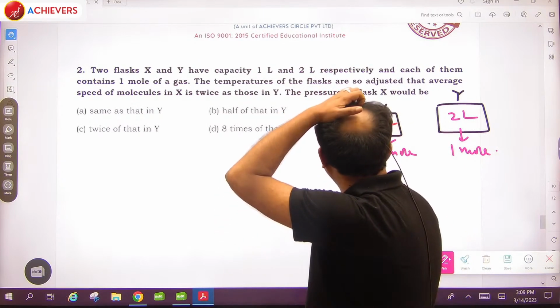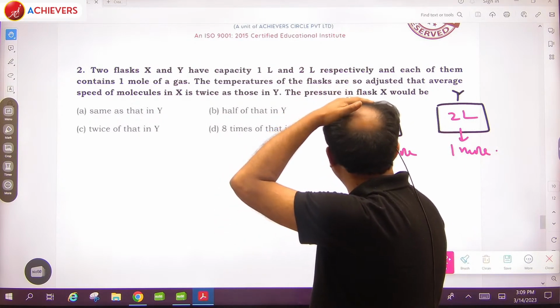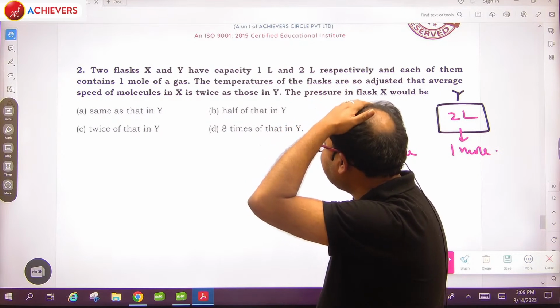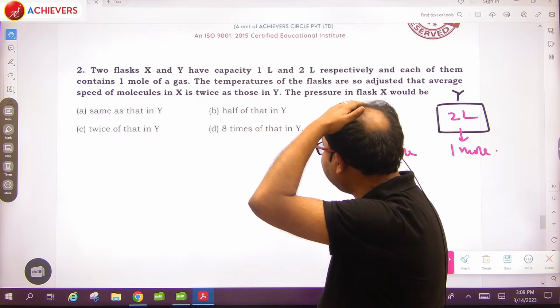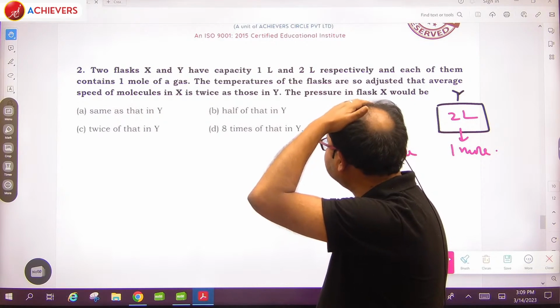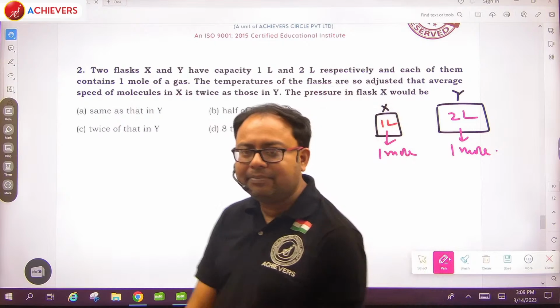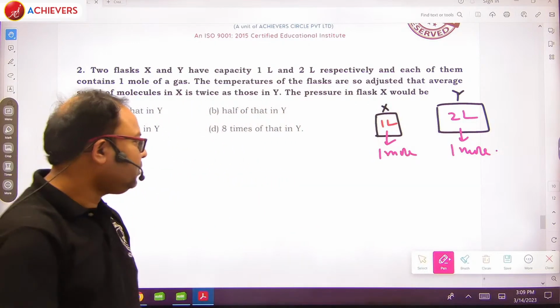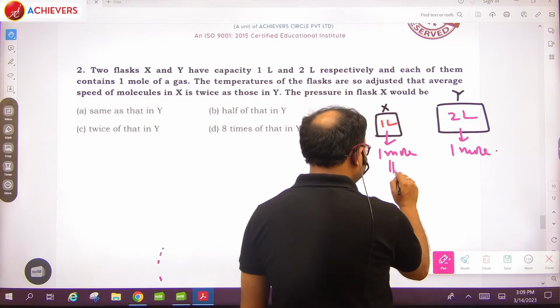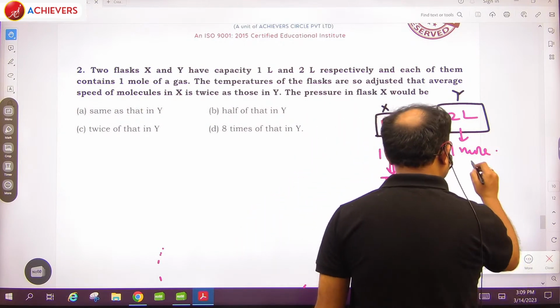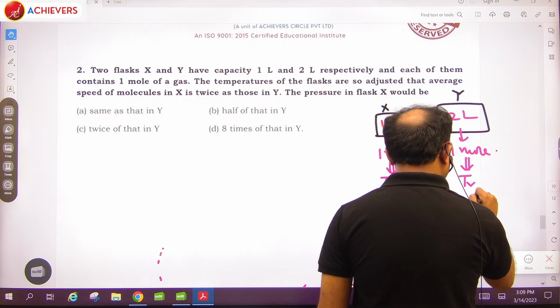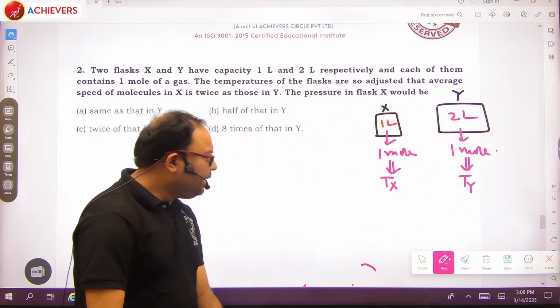The temperatures of the flasks are so adjusted that the average speed of the gas molecules in X is twice as those in Y. So if the temperature is Tx over here and Ty over here, what are they saying?